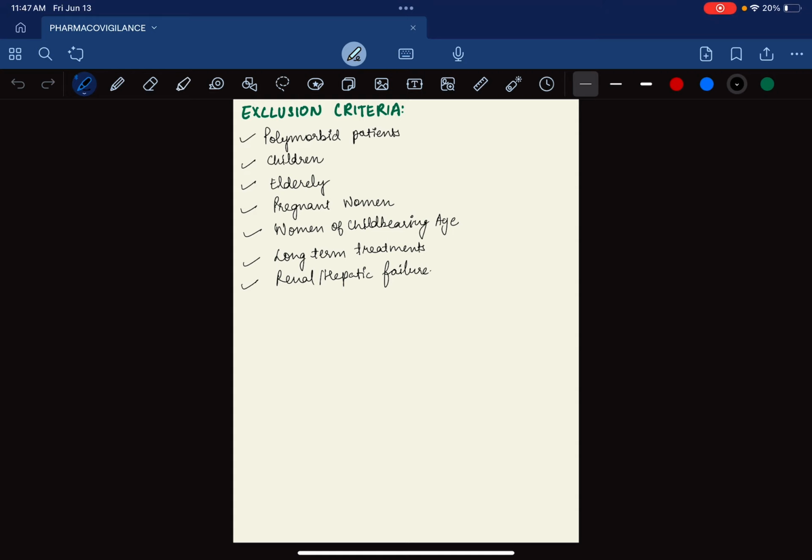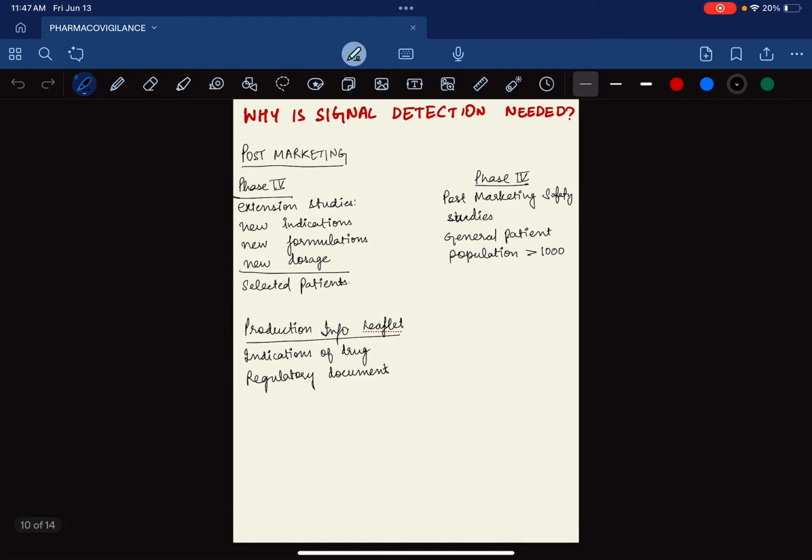As you already know, even during the clinical trials, these are the participants, this is the population which is generally excluded. So, why is signal detection needed? Now, post marketing, the phase 4, has extension studies, new indications, new formulations, new dosage, selected patients.